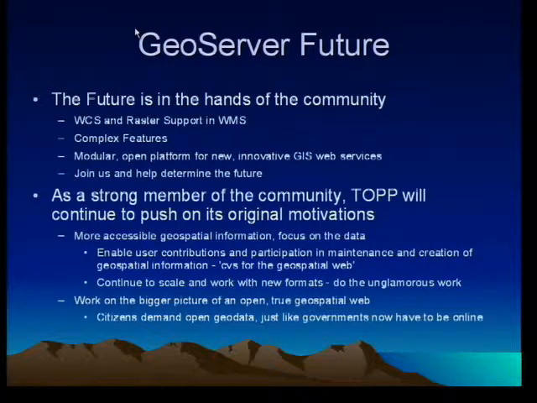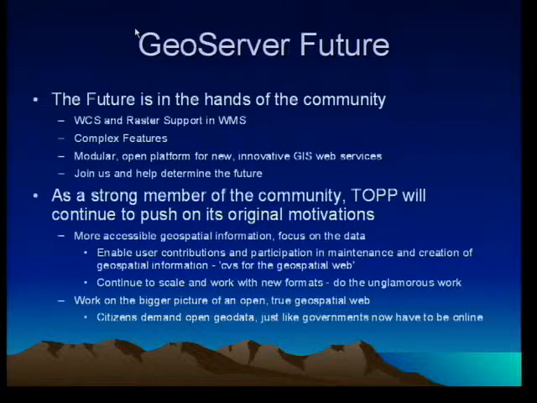Another group is working on complex features, being able to have nested elements and these kinds of more complex geographical notions that people want to represent, and to connect that to a backend database and do complicated joins. The community is really pushing this open platform, and we want to build new innovative services on top of that. And really, it's an open community. I encourage people to join us and help build it as Google has done.